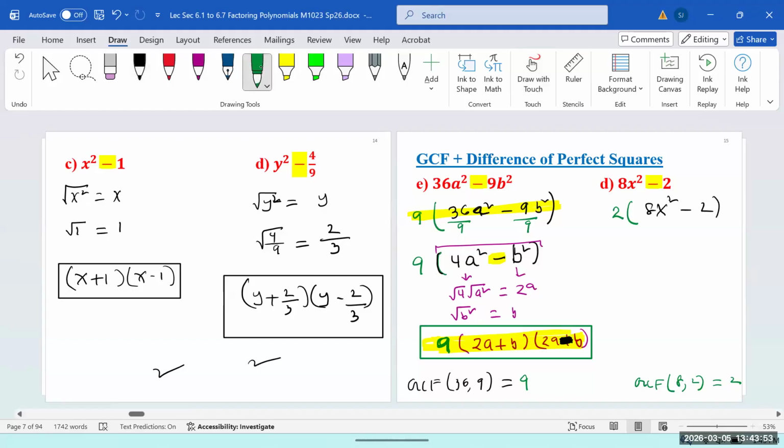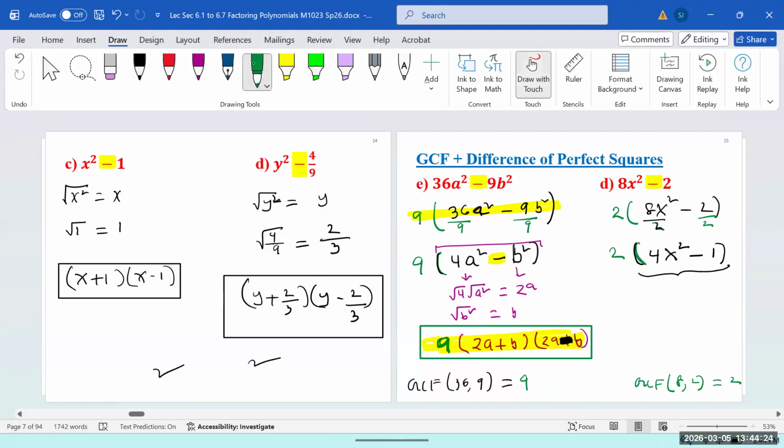So factoring out means you're dividing them by 2. So once you factor out, what remains in your parentheses? 4x squared minus 1. And now this is a difference of perfect squares.